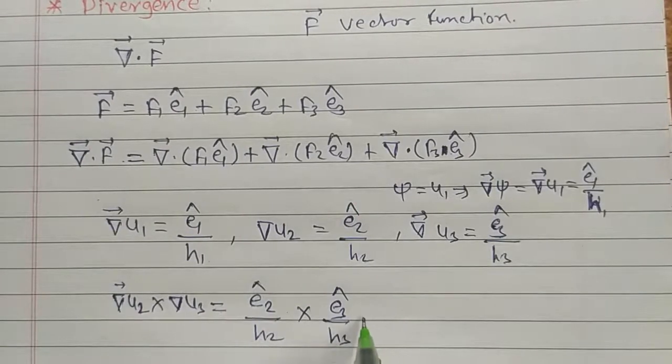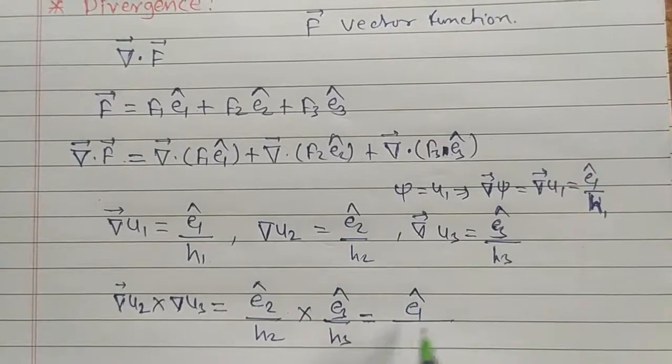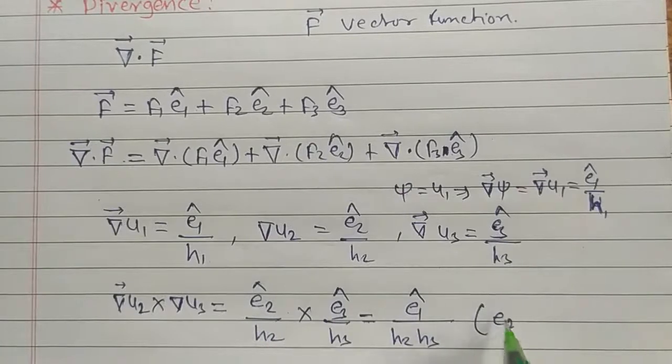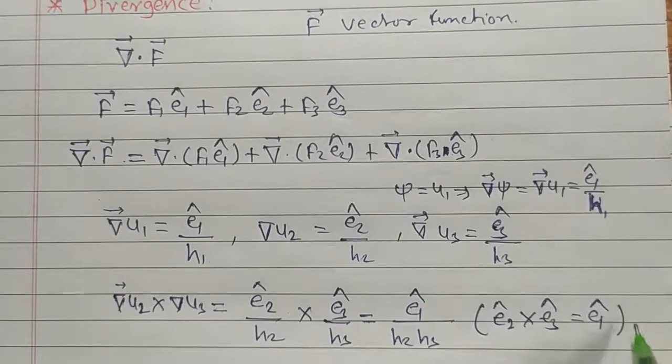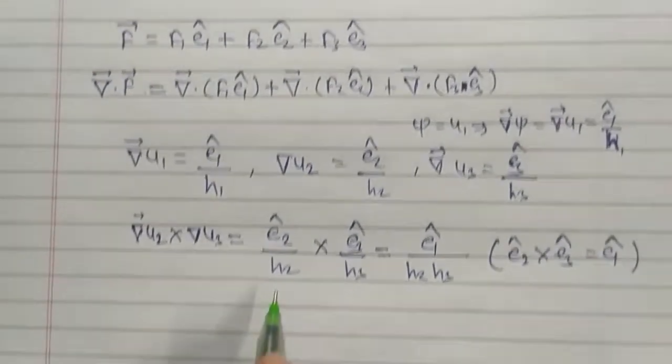This can be written as e1 cap upon h2 h3, since the cross product of e2 cap cross e3 cap is e1 cap.